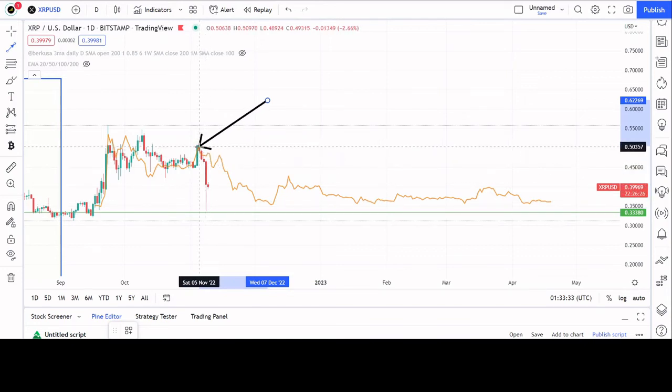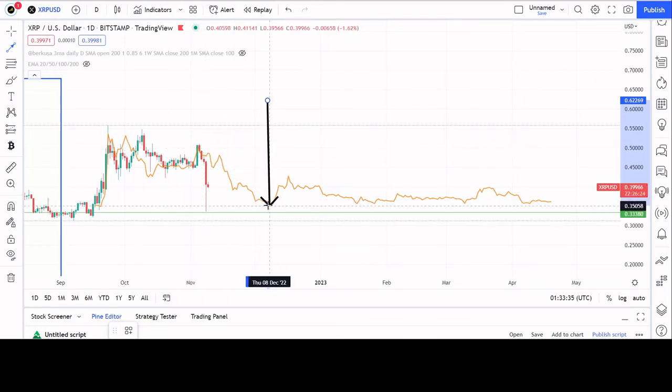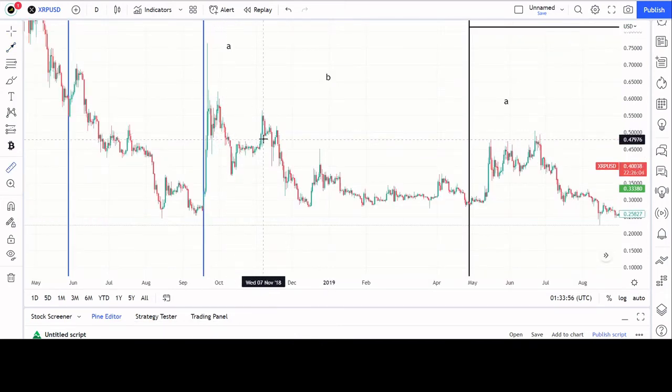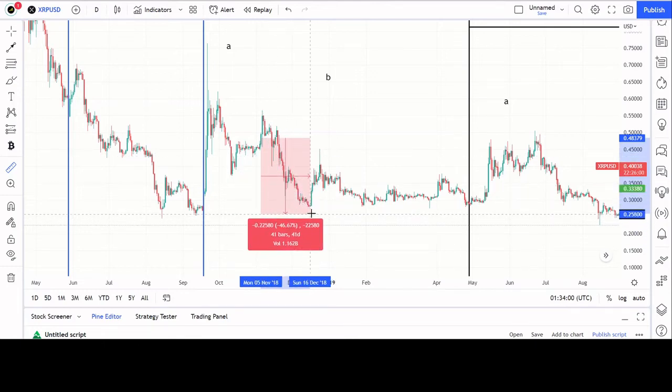Let's go back and measure from this peak down to this trough back in 2019 and see how many days that took. Okay, so from this peak right here down to the trough, it was 42 days. So now this is speculation. This is assuming that this is the pattern we're following. I think there's a good chance it's something similar to this.